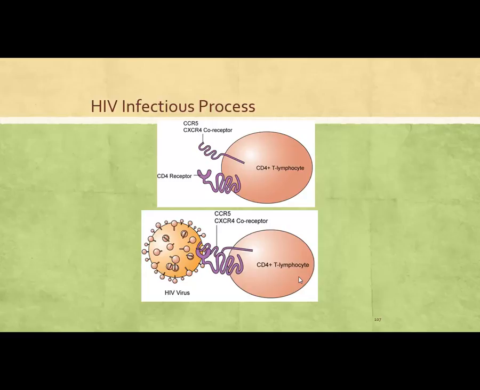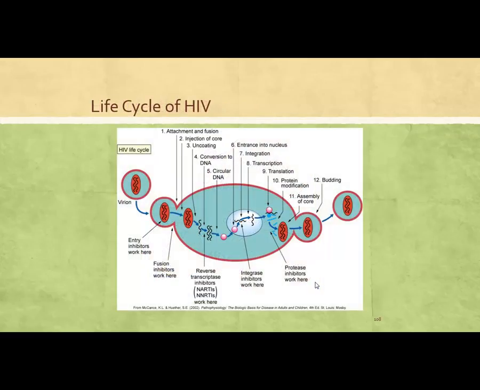So you can see in this picture that the HIV particle, as well as the CD4 T cell, has the capability to attach onto each other. In this picture, you'll see the life cycle of HIV, and on the bottom part where you can see my arrow, those are how the medications associated with HIV have their effect.